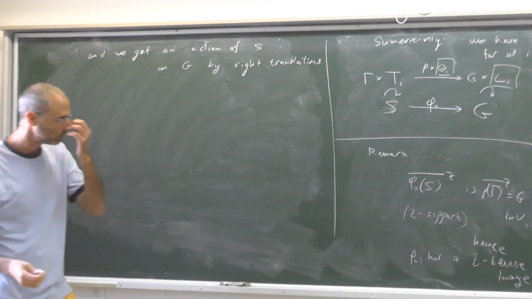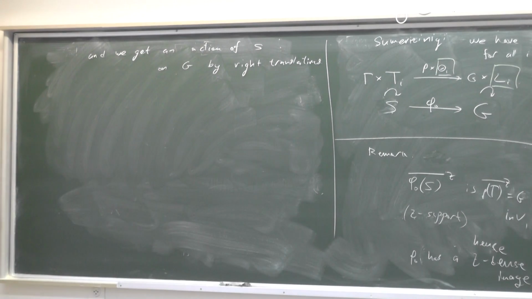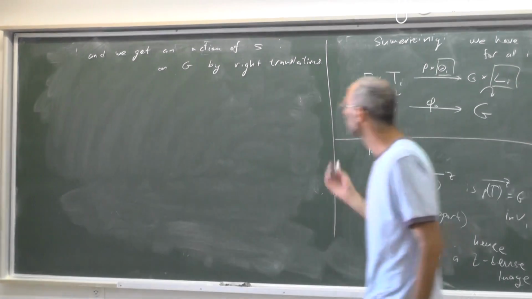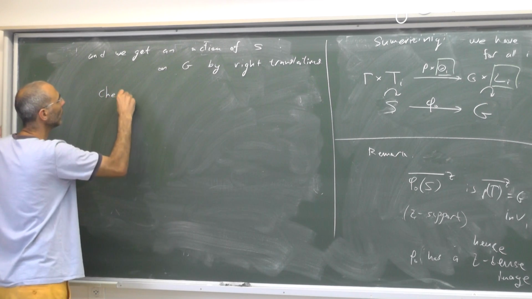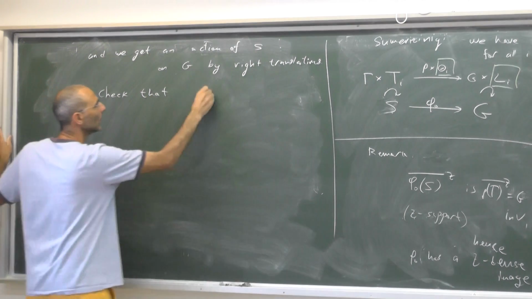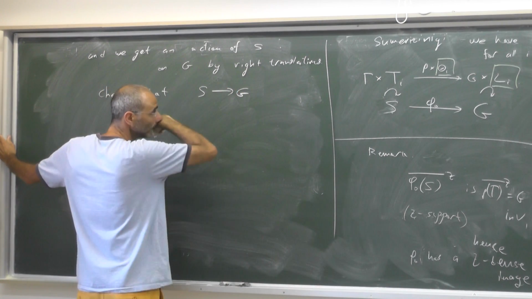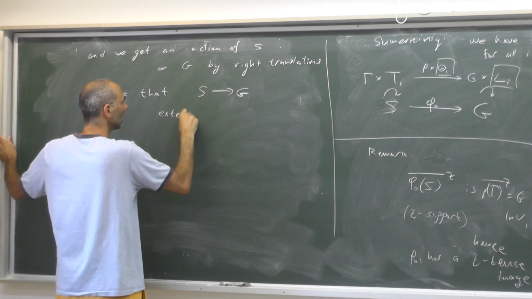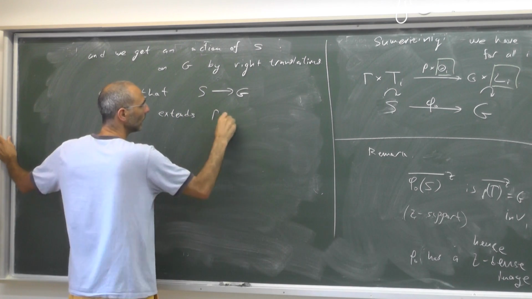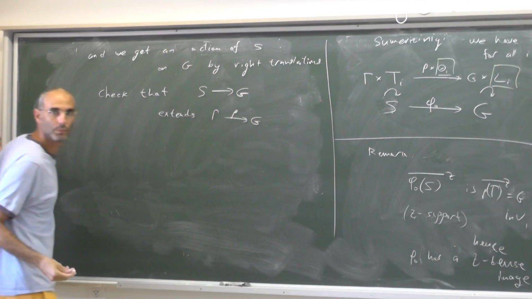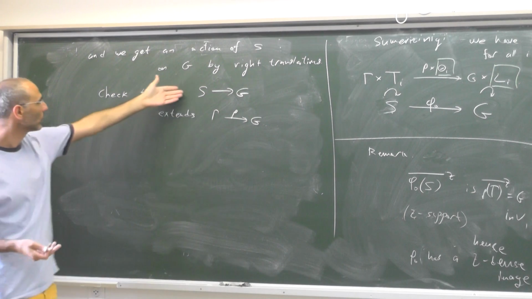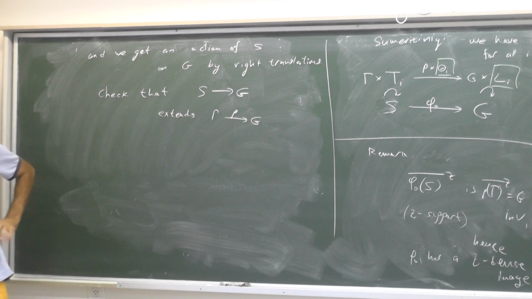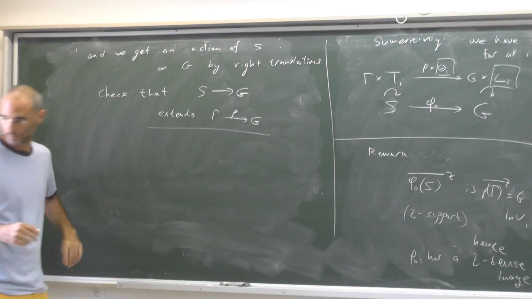In particular, we got a homomorphism from S to L, and now there is nothing else. I'll leave it to you to check that S to G extends: just look at the image of the orbit of that thing. And we are done.